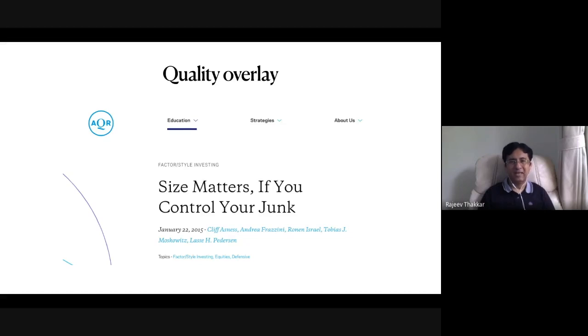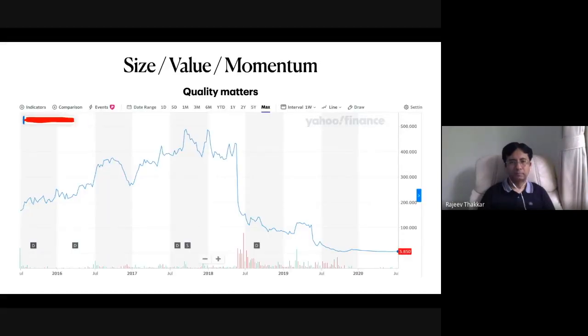So obviously size plus quality can do wonders, but quality is not only relevant for small cap or mid cap investing. Quality in my view is important for all factors. It's better to have a good quality value stock than a bad quality value stock, and a good quality company with positive momentum than a bad quality company with positive momentum.